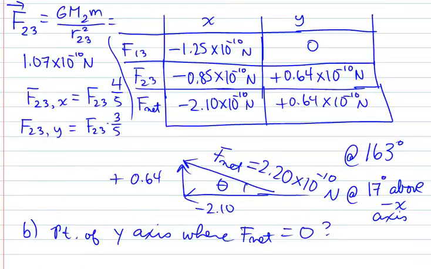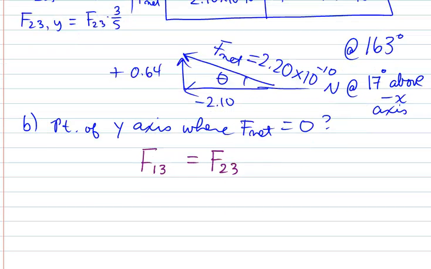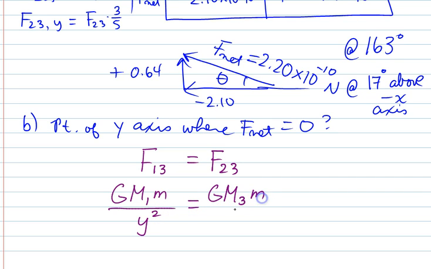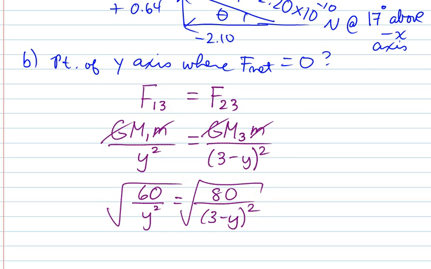That allows us to set up our equation that F13 must be equal to F23, so we have G m1 times m over y squared equals G m2 times m over the quantity 3 minus y squared. We get some nice cancellation, and this turns into 60 over y squared equals 80 over 3 minus y quantity squared. And we're just going to take the square roots.